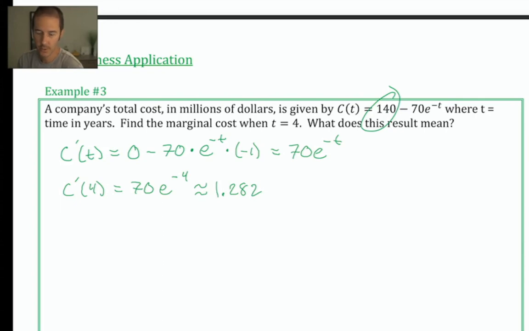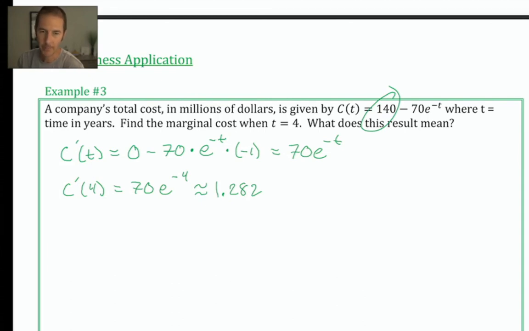If that cost function also includes overhead, maybe it's anticipated that overhead is going to be growing. Regardless of what's happening behind the scenes, the cost in millions of dollars is going to increase because this is a positive number, positive 1.282. It's going to increase by that many millions of dollars on our way from the input t value of 4 to a time value of 5, in this case as measured in years.